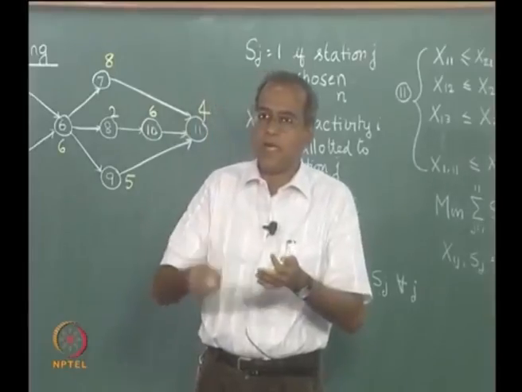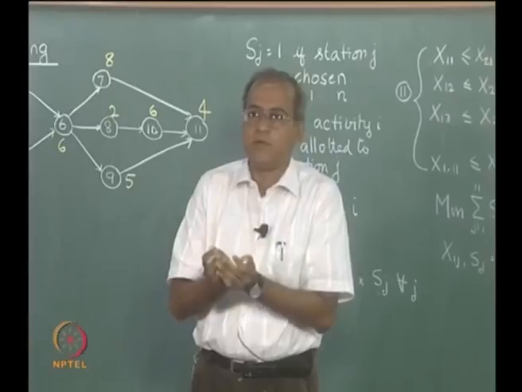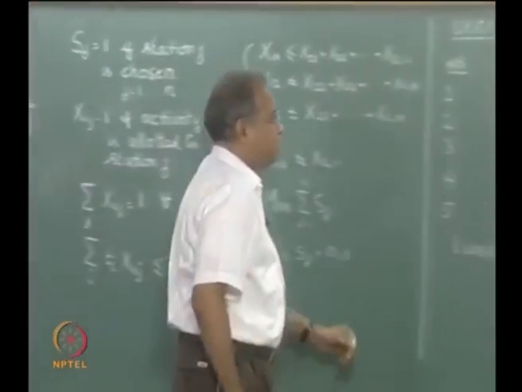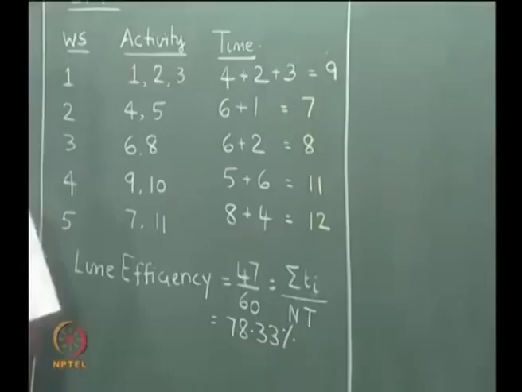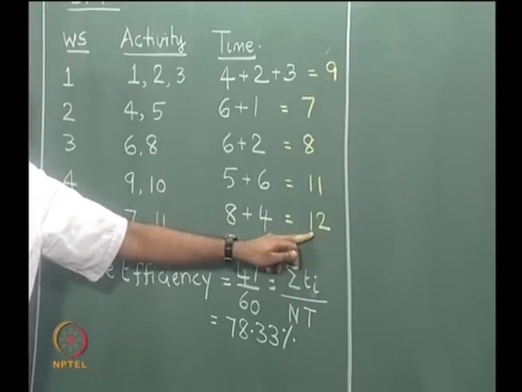Now the operator who is working on the workstation which takes 12 units is going to be occupied all the time, whereas the operator who works on this is going to use only 7 time units for every 12 time units, or will be producing excess and building inventory within the line which cannot be consumed because the slowest person is going to take 12.